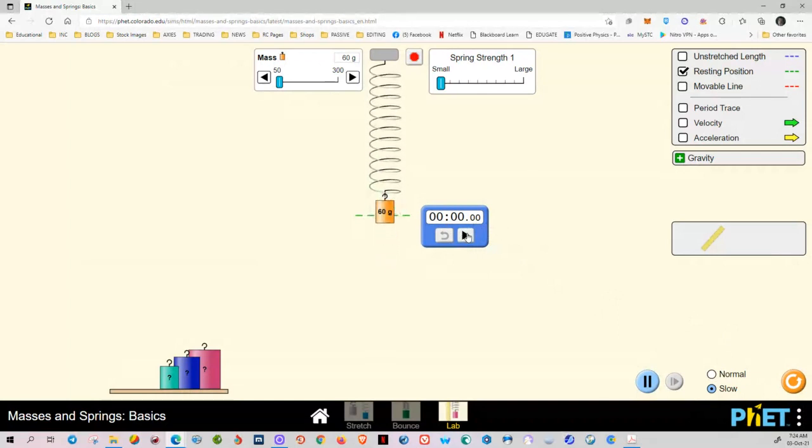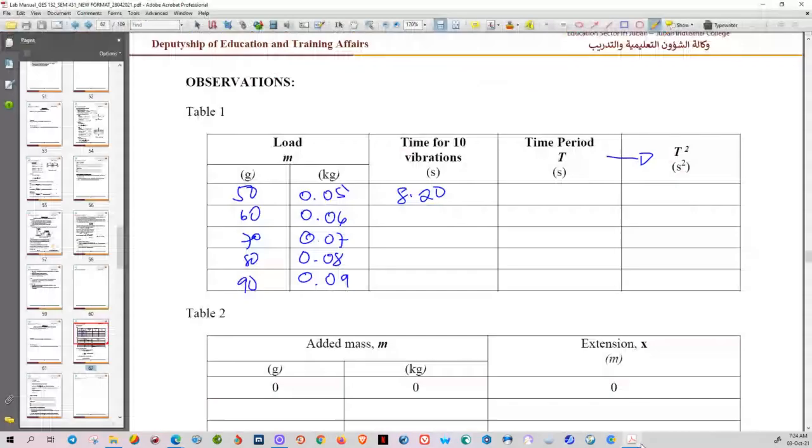So from the top, click start button for your timer, and then wait for the first cycle. 1, 2, 3, 4, 5, 6, 7, 8, 9, 10. Okay, 8.96. Go to table number 1 and record the time. 8.96. It's actually easy once you get the hang of it.